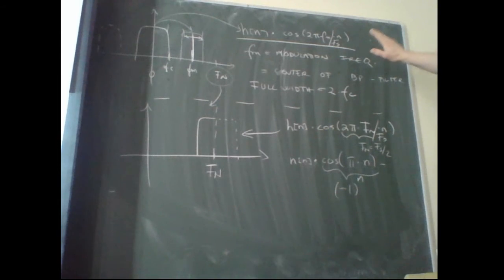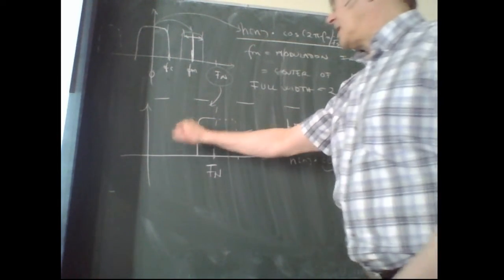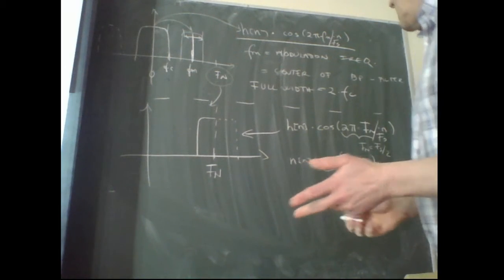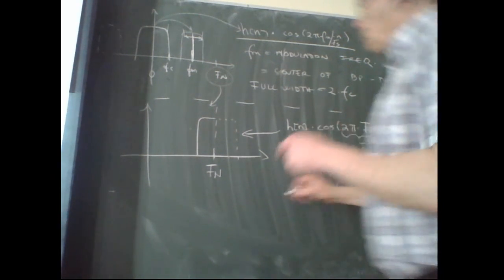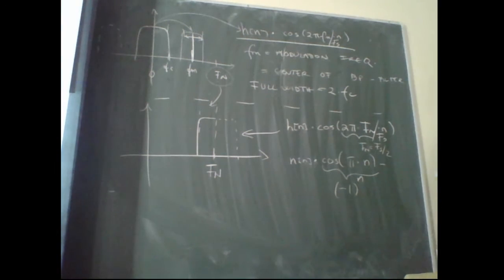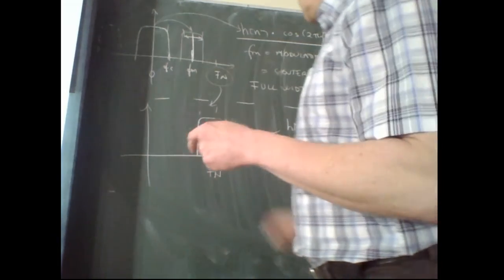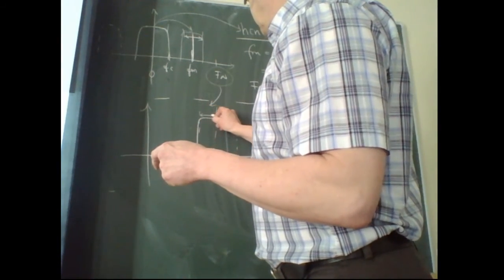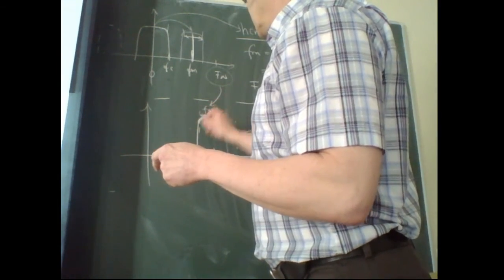So modulation gives you low pass to band pass or low pass to high pass. Another note about this filter. That's one place to make a simple mistake and lose a point. Now the bandwidth of this filter is FC.